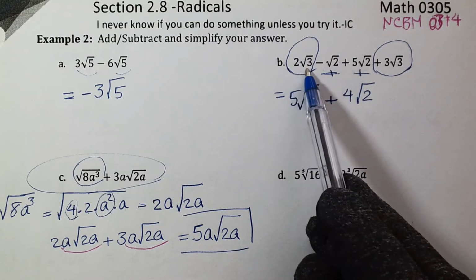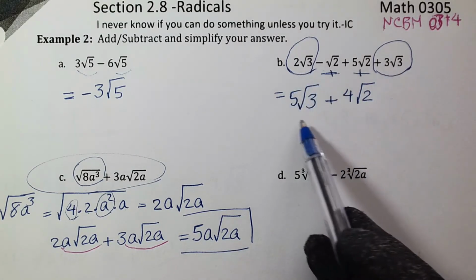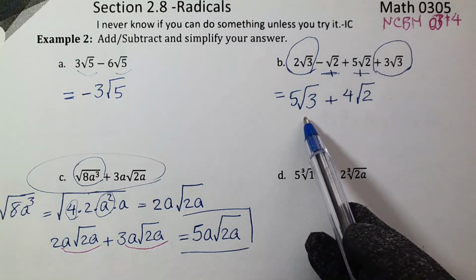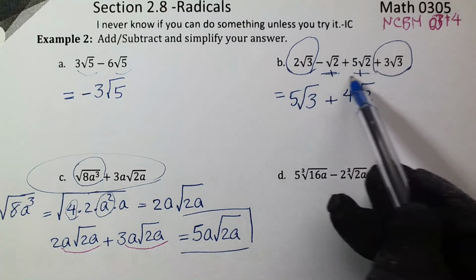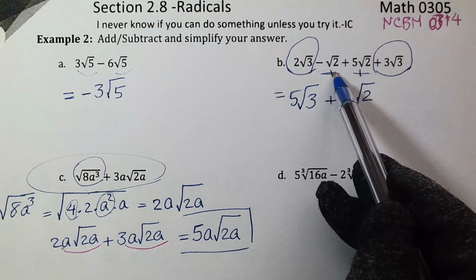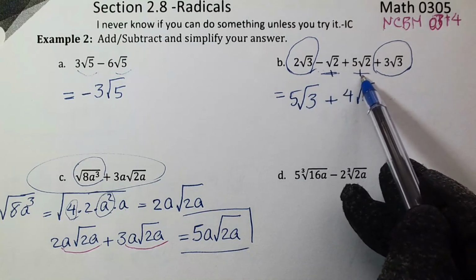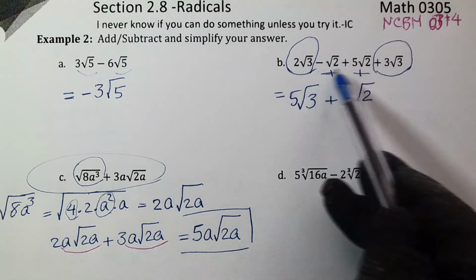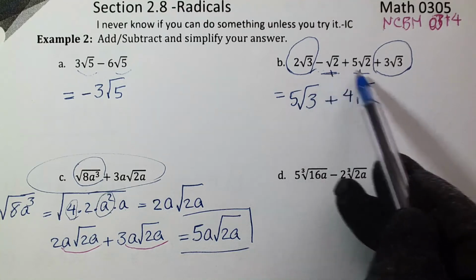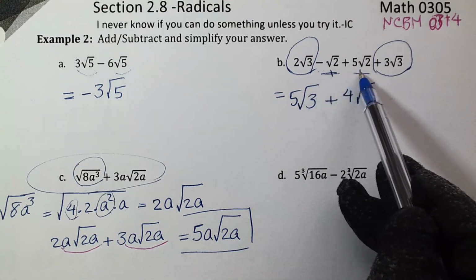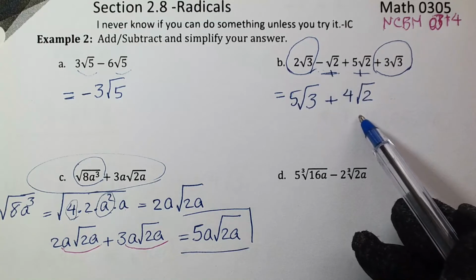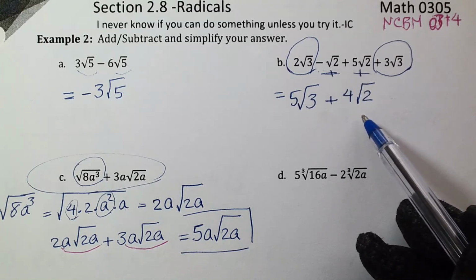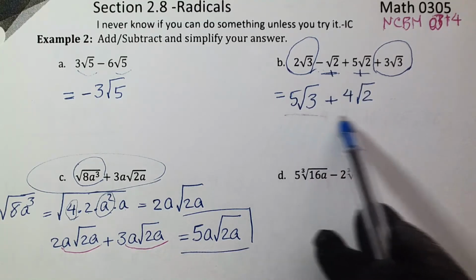So 2 square root of 3 minus 3 square root of 3. Then these two terms, negative square root of 2 and 5 square root of 2, are similar as well. So I can add them, negative 1 square root of 2 and 5 square root of 2. The answer is 4 square root of 2. So this is the final answer.